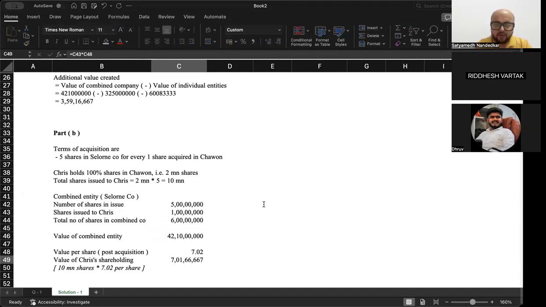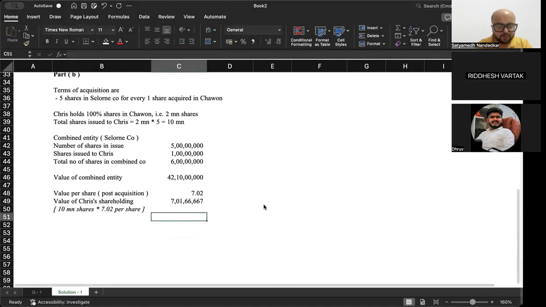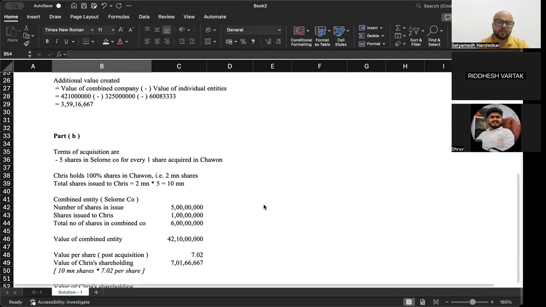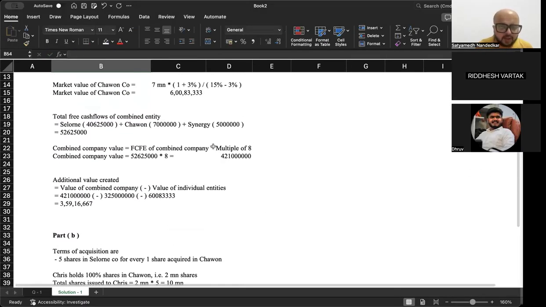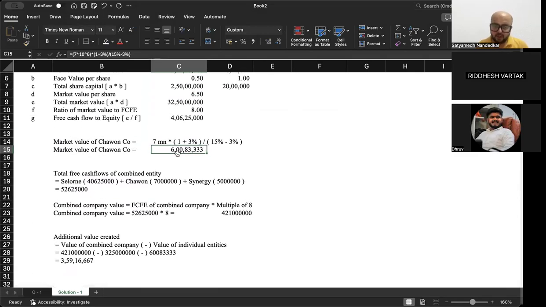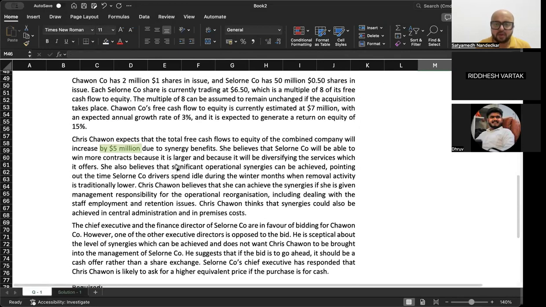Okay, gain for her would be value post-acquisition minus value pre-acquisition. Now, what is the value of Chris's shareholding pre-acquisition? How much is it? We had calculated the value of Chavon at 6 crore, and Chris is the 100% shareholder in this company.